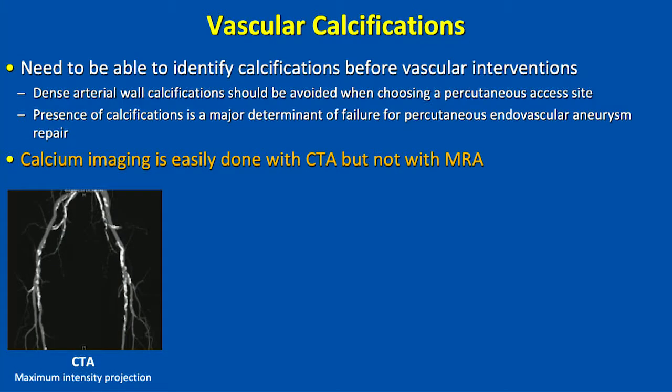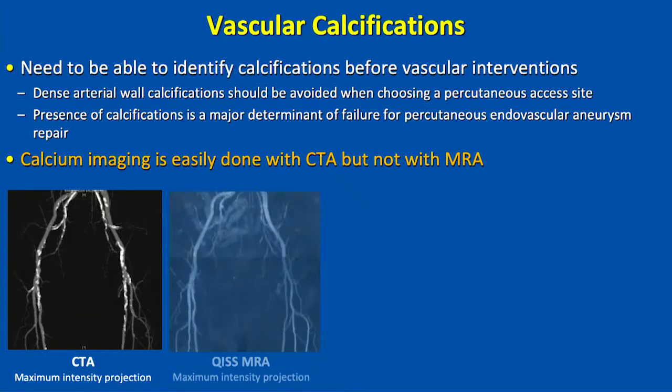And calcium imaging is easily done with CTA, but not with MRA, as shown here, where we see calcifications very well on the CT exam. There's no such information on the MRA exam.